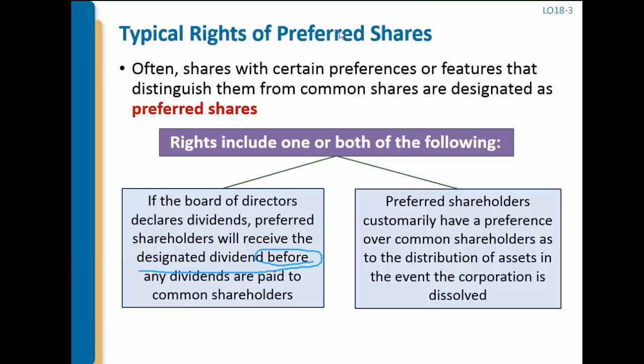Now, preferred stock has a preference over common shares as to the distribution of assets. So the idea is that in liquidation, preferred stockholders get their share before anything is distributed to common shareholders. But the key thing we want to focus on is the designated dividends before any dividends are paid to common shareholders.